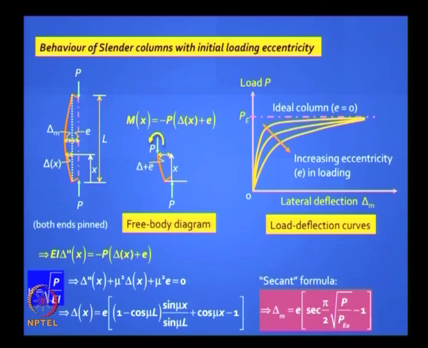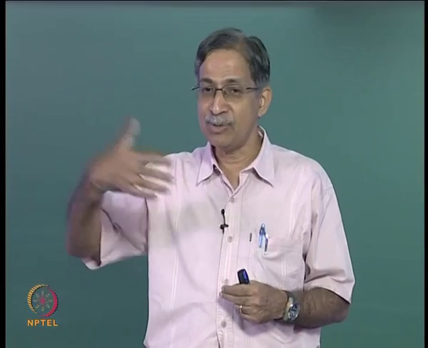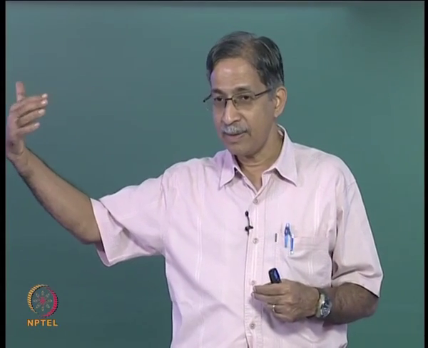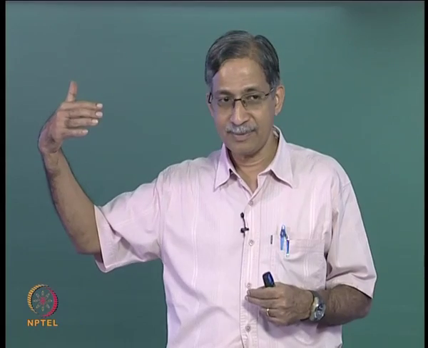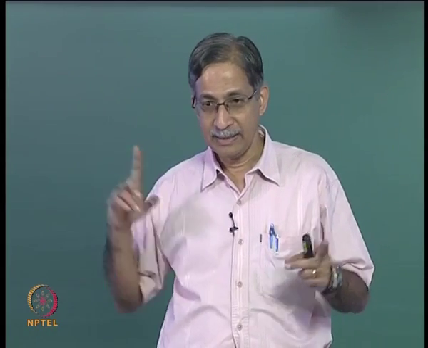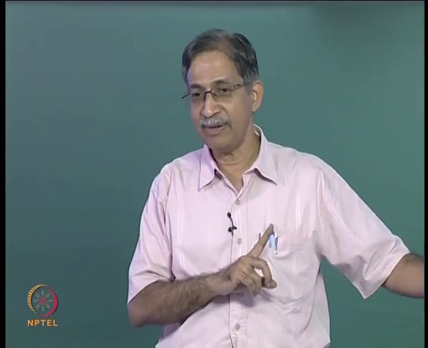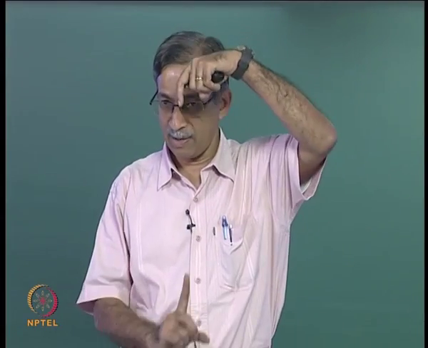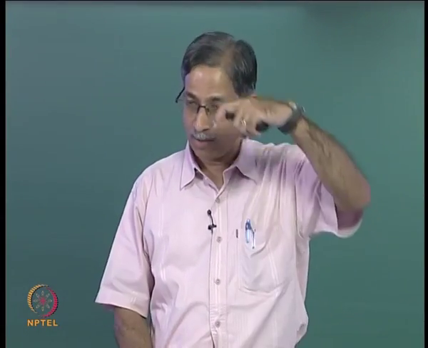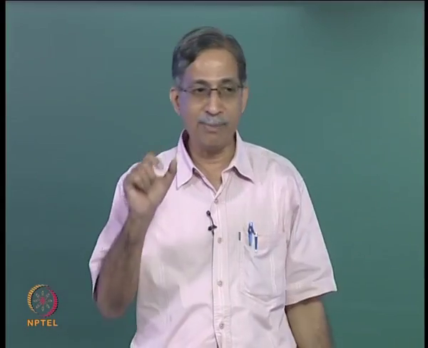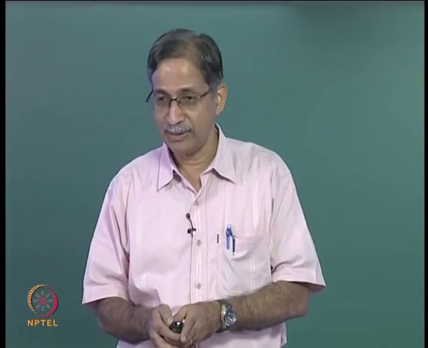So you will find all these lines theoretically will asymptotically hit your critical buckling load. Is it clear? This is the difference with respect to the earlier figure. In the earlier figure you had an ideal column, now you have the same ideal column, but we are deliberately putting in a primary eccentricity, and these are the curves it will take. Is it clear? You have to know only this much.